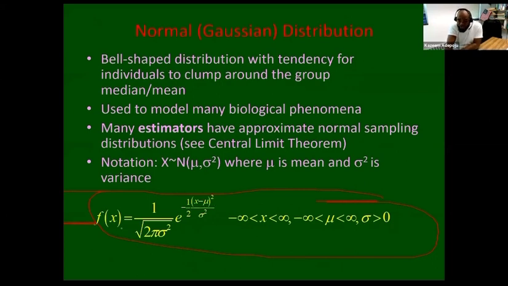In a normal structure, anytime you see x minus mu, whatever that is here is the mean of x. Now, inside the square root, anything other than 2 pi is the variance. That's sigma squared, the variance.